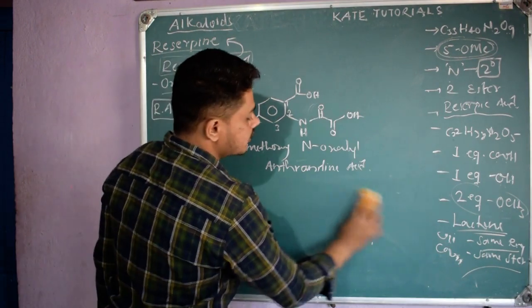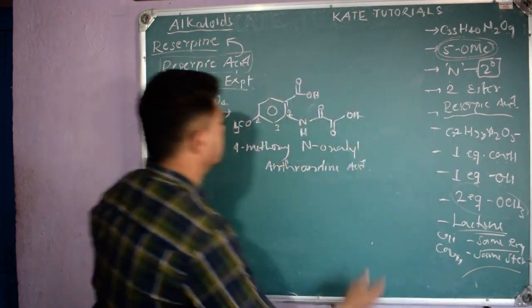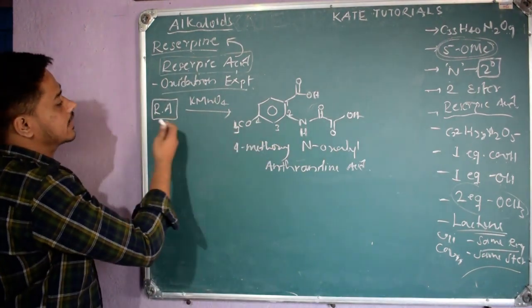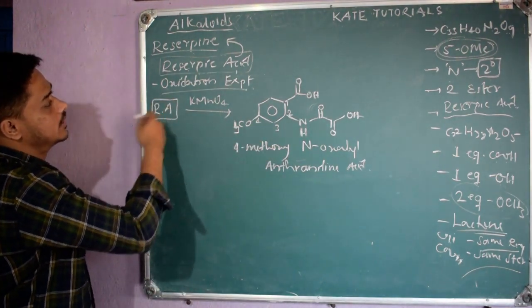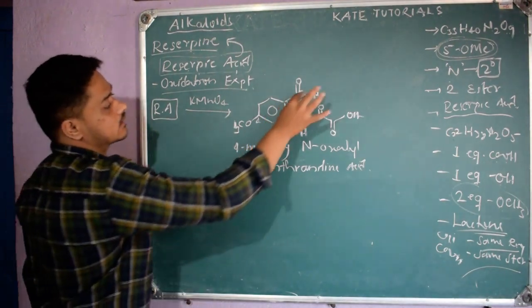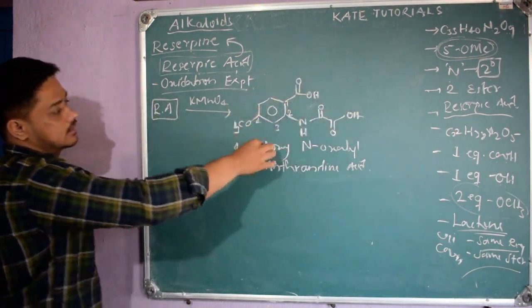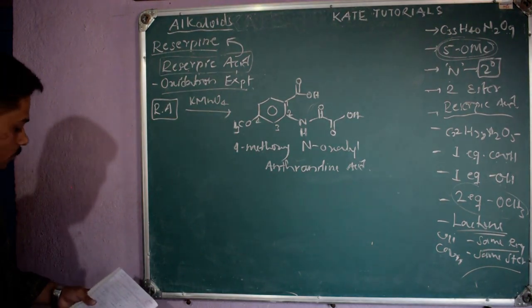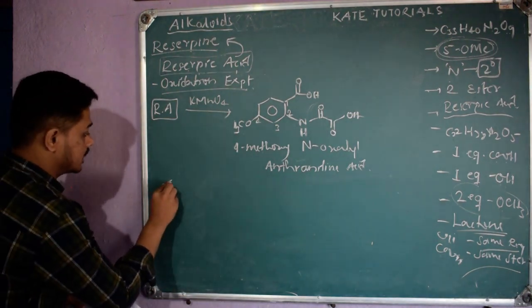So from the synthesis they got that it may have this product. So they can tell the structure of this now, reserpic acid, right? Because it has got this kind of ring, they can tell it easily. But what they did, they took this compound.